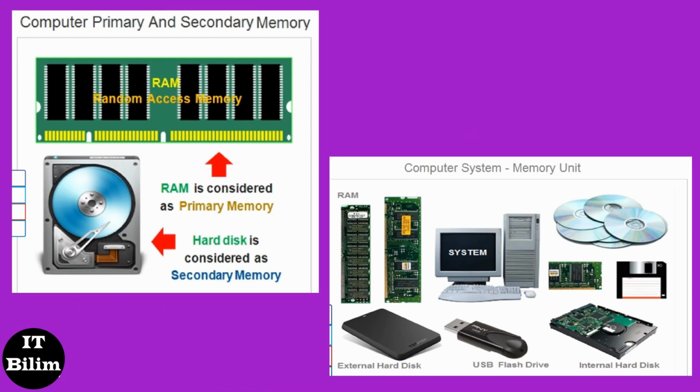The computer memories can be grouped into two basic types depending upon the data retention by memory when system power supply is switched off. If the memory retains the data without power supply, then it is referred to as permanent memory. For example, hard disk and pen drive are permanent memory, also referred to as secondary memory.